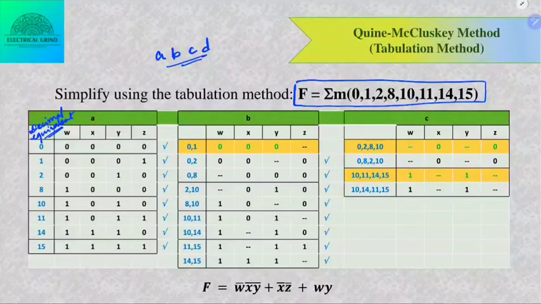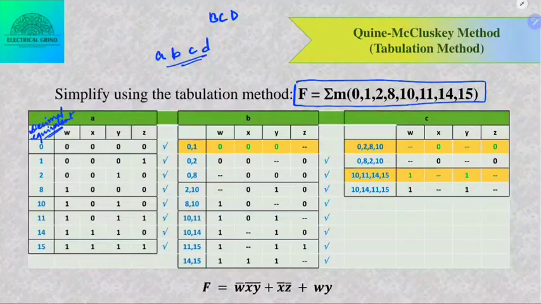As we have been given the minterms 0, 1, 2, 8, 10, 11, 14 and 15, we will consecutively write them down, and then just as we do the BCD coding, that is binary coded decimal, we will encode all the variables with the equivalent binary representation.